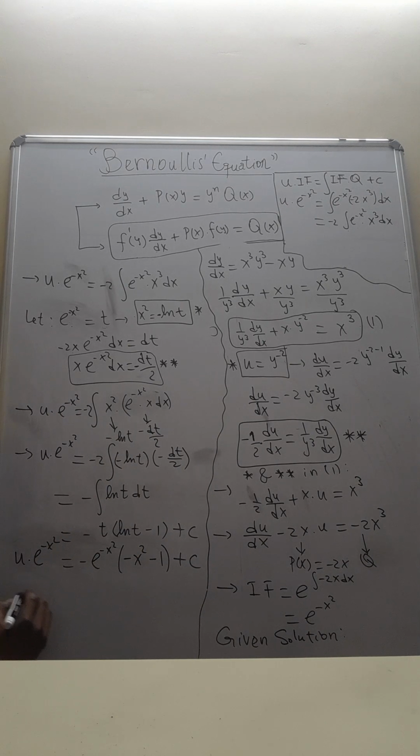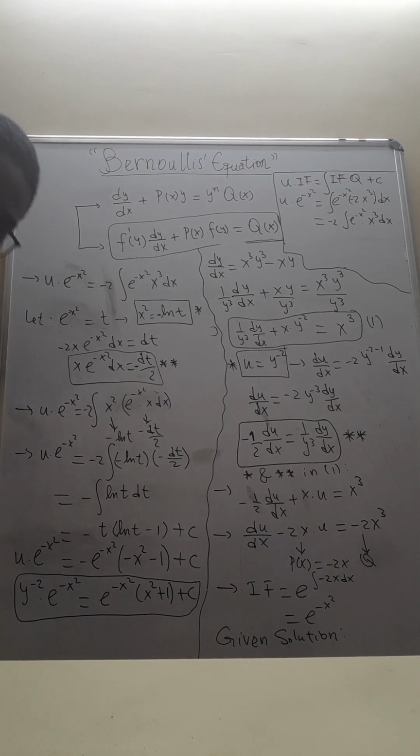So in the end, y raised to minus 2 Euler minus x squared is equal to minus Euler minus x squared, x squared plus 1, plus c. This is the solution for this differential equation.